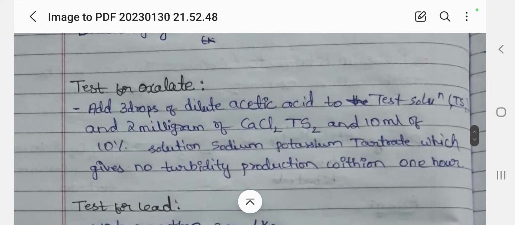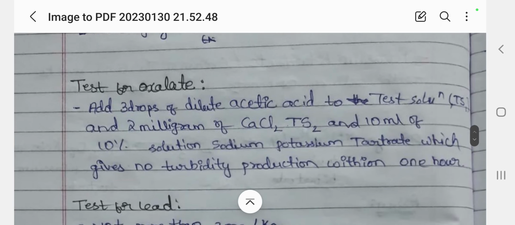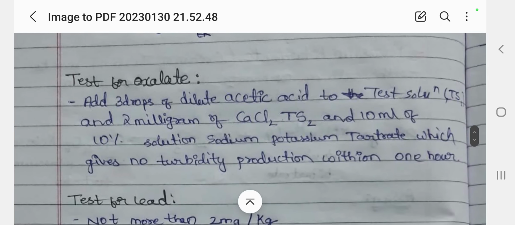And next one, test for oxalate also. How do you perform the test to find out whether the substance has oxalate impurity or not? By doing this procedure we can know whether oxalate is present or not.